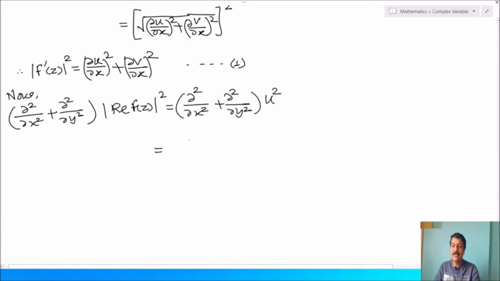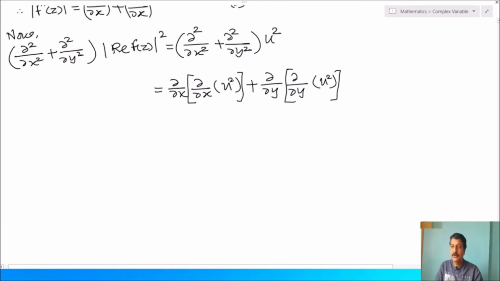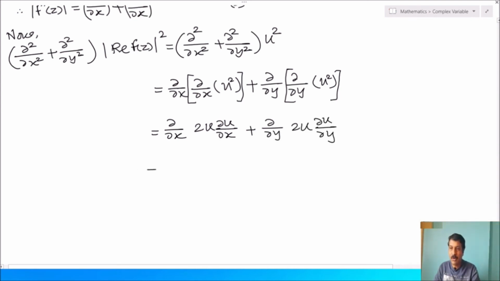That is equal to ∂/∂x, ∂/∂x of u square plus ∂/∂y, ∂/∂y of u square. So what is the derivative with respect to x? I am getting 2u ∂u/∂x, plus ∂/∂y, and it is 2u ∂u/∂y. So 2 common, and I am getting here 2 in bracket.